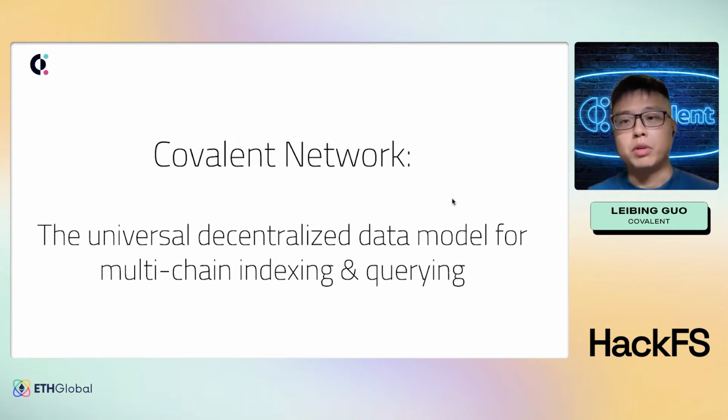And the Covalent Network is our step as an organization to move towards progressive decentralization, because we really believe that the future of Web3 data, something as critical as Web3 data, must not sit within a centralized infrastructure.